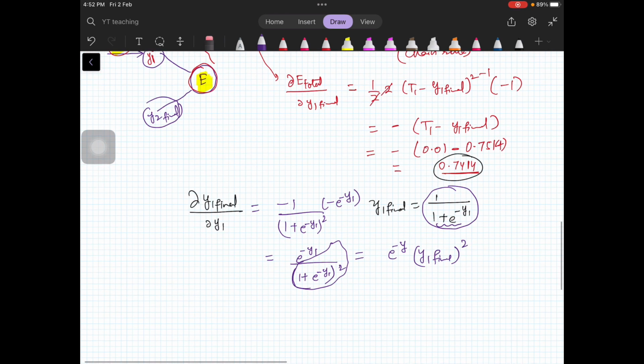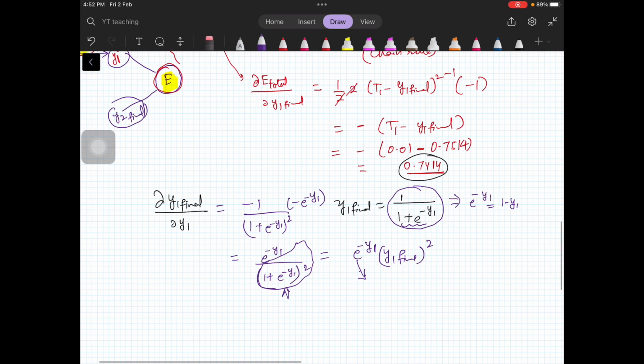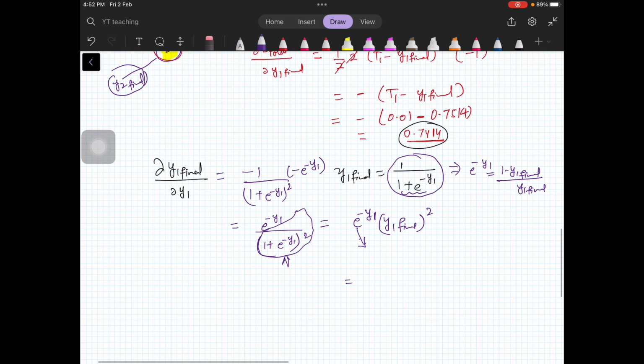We can actually use the value of Y1 here and find the value, but otherwise, from here you'll see that e raised to power minus Y1 is equal to (1 minus Y1 final) divided by Y1 final, right? So this becomes (1 minus Y1 final) into Y1 final square divided by Y1 final.